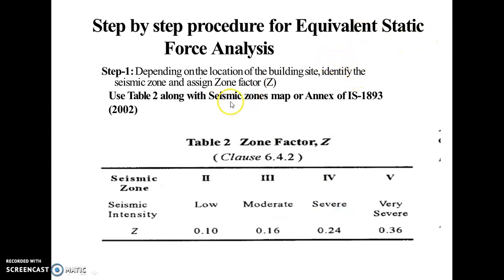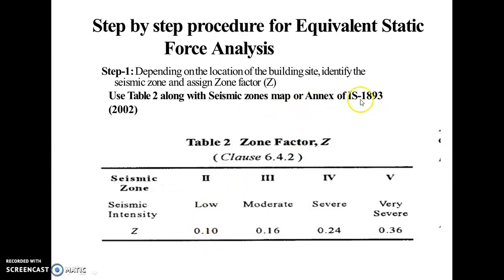The first step is to find the zone factor. The zone factor depends on the city. For example, if we live in Jhalawar, Jhalawar comes in zone 2 because earthquakes are very rare here. That's why we are in zone 2, and for zone 2 the value is 0.10.